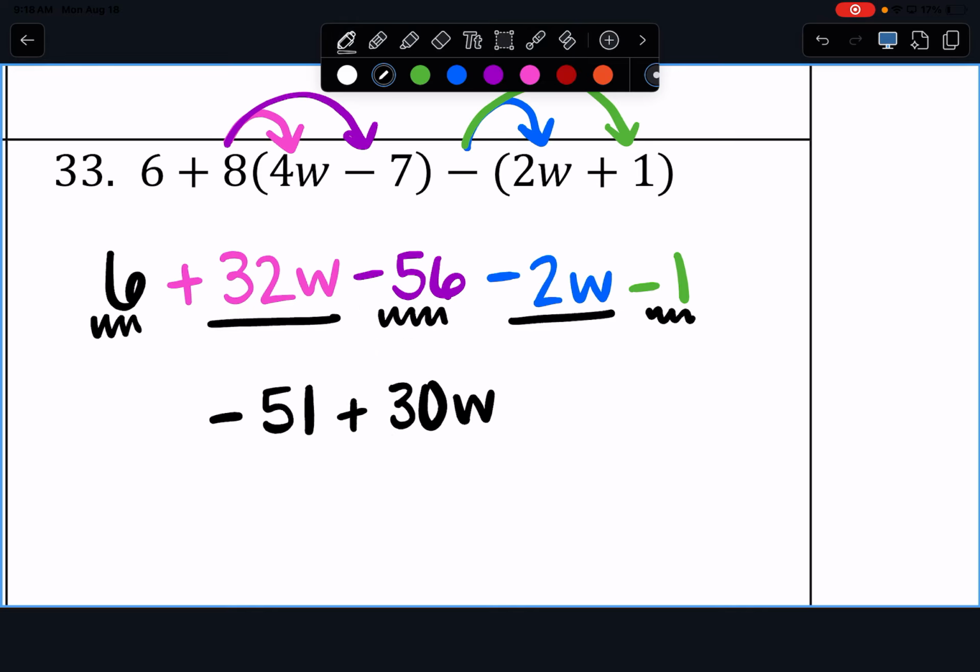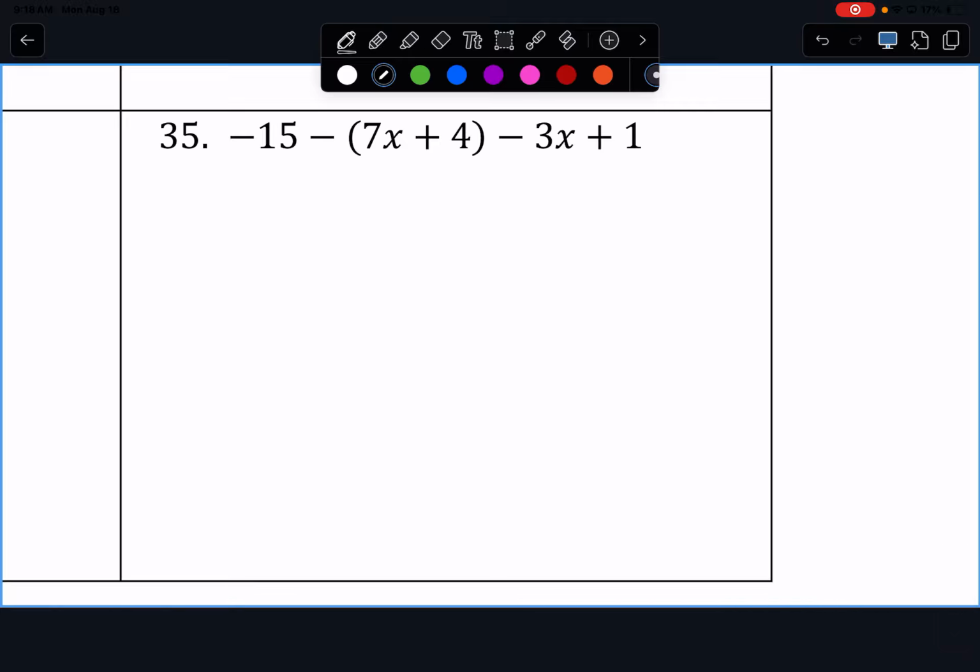All right, now for 35. Is anything happening with negative 15? All right, from there, what do I need to do? So negative 7, or negative 7x. And then what will we get? Negative 4. Then is anything happening with anything else? What do I need to do with it?